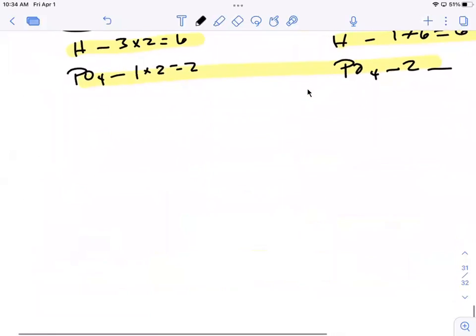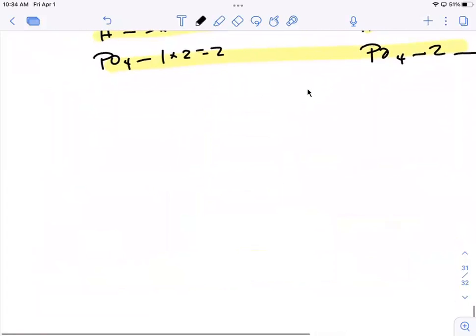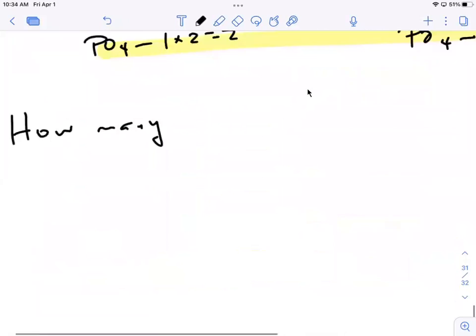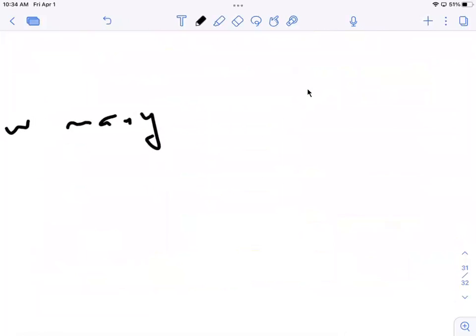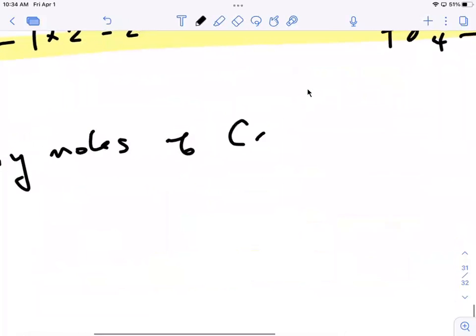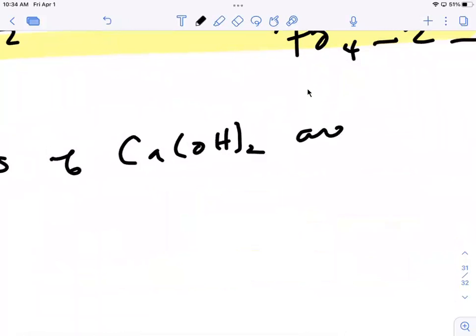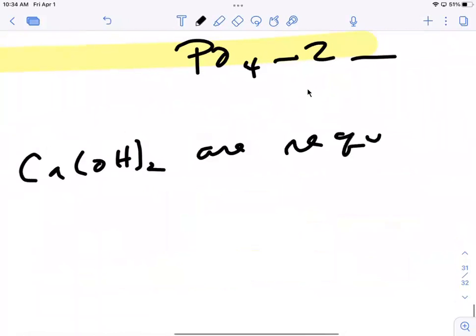All right, so now here's the question. And it might take me a while. So how many, excuse my handwriting in advance because I'm trying to write this fast. How many moles of calcium hydroxide are required? And these are the type of questions you answer with stoichiometry.